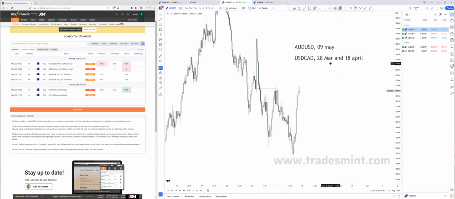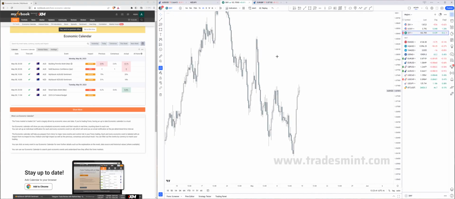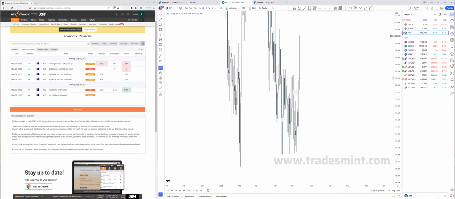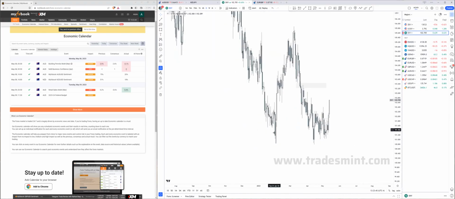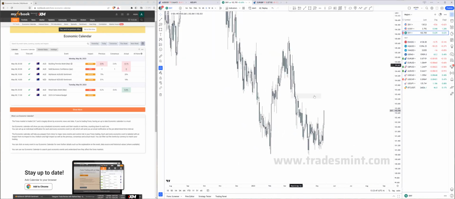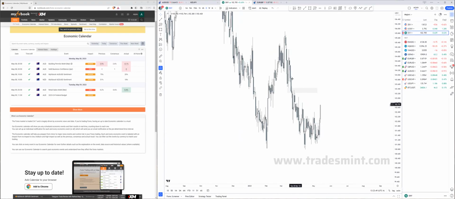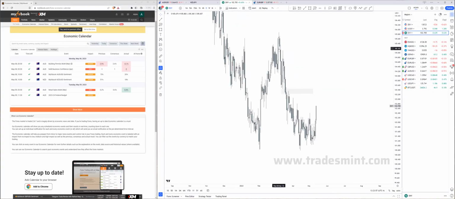That's why I always told you, if you take a look at the dollar as well, right here, the majority of the news events, this one right here, somewhere around here was also a news event. Maybe even this was a news event. Those news events caused the cleanest moves.